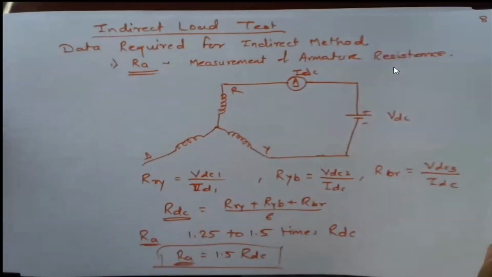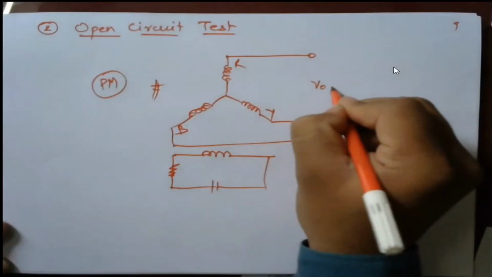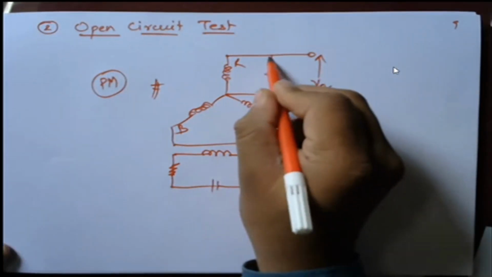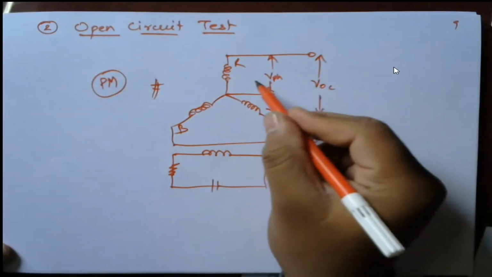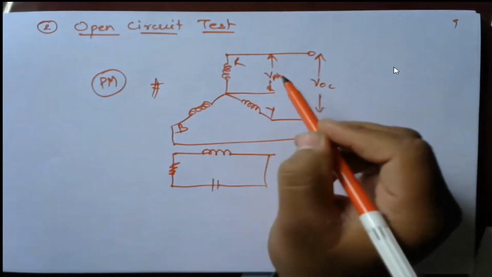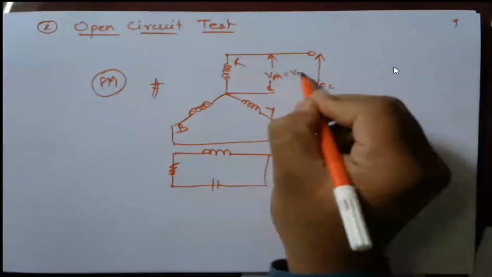Then the second thing we have to perform is the open circuit test. It is connected to the prime mover, and we are going to measure VOC. We have not connected any load over here. We can measure this VOC line voltage, and we know the relation between VOC and VPH, or we may measure this VPH also. Generally we require VPH. Let us suppose this is VOC.